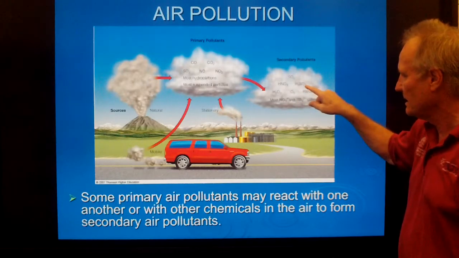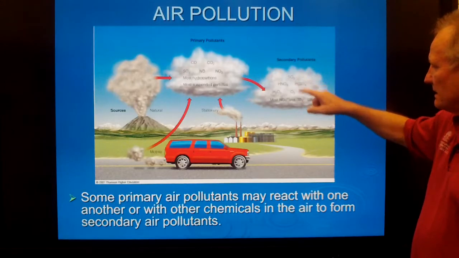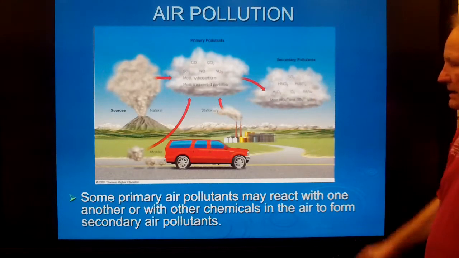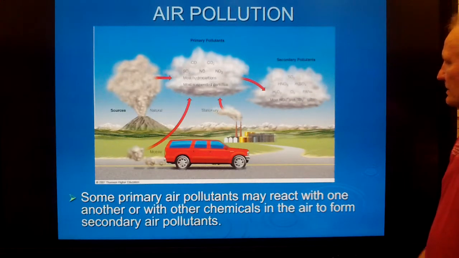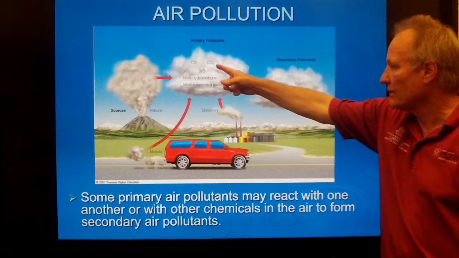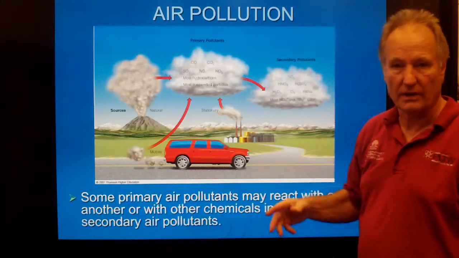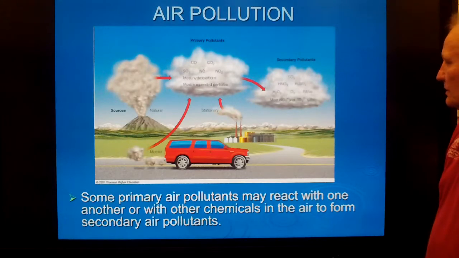There's nitric acid, sulfuric acid, hydrogen peroxide, SO3 forms into H2SO4, which is sulfuric acid, and there's carbonic acid, which is not on here, but that would be carbon dioxide mixed with water, making H2CO3.